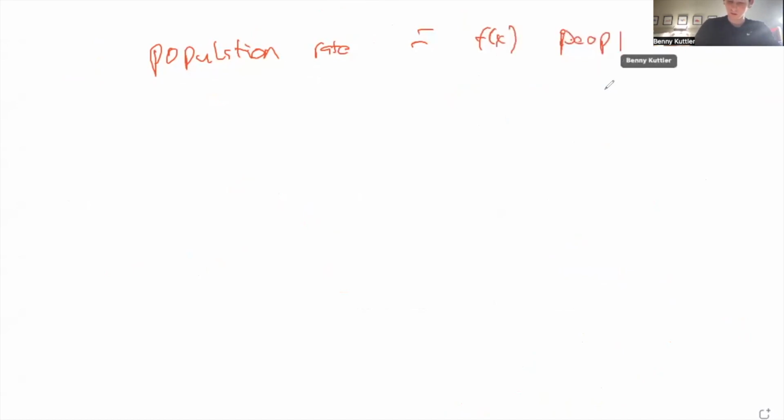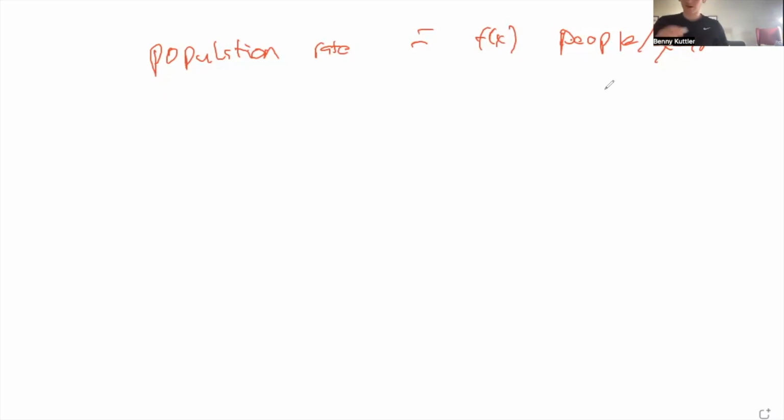If you're asked what the integral represents in some case, you'll usually be given something like a population is changing at a rate equal to some function f of x, given in people per year or any time unit, something per time.